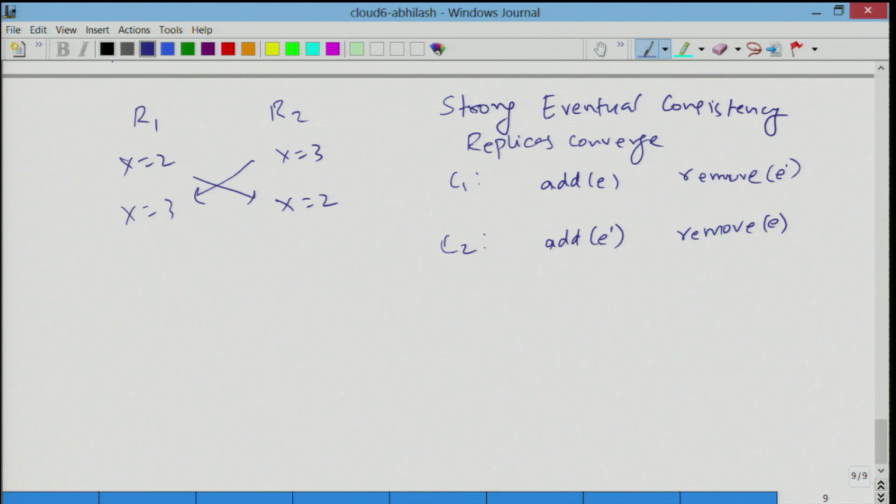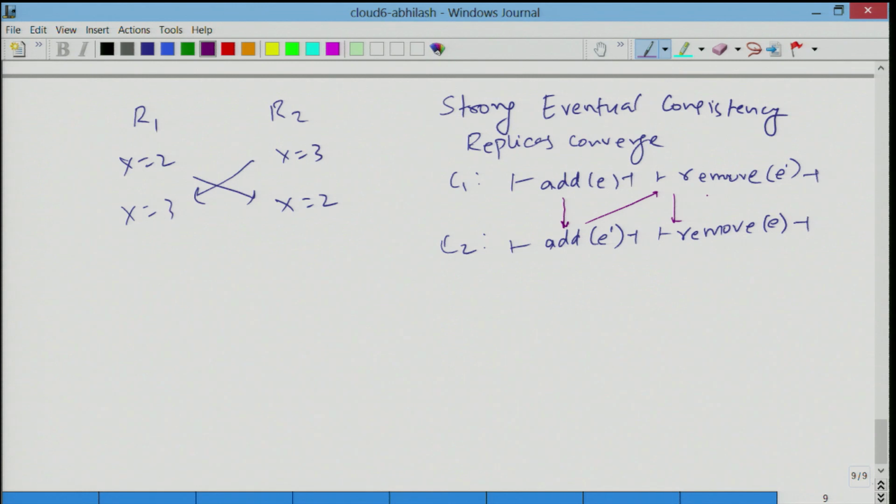So from the sequential consistency point of view, there are two possible outcomes, right? What are they? So maybe this was the order in which the execution happened, right?